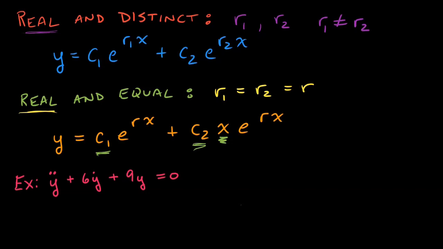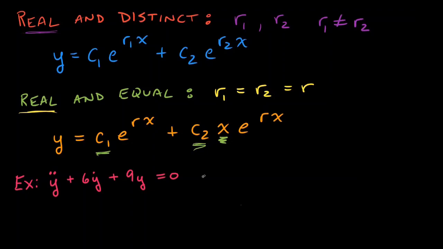Okay, we want to look at an example where we have real and equal roots. So we have this example here where we have y double dot plus 6y dot plus 9y equals 0. All right, so we know that we can write the characteristic equation for this essentially by inspection.